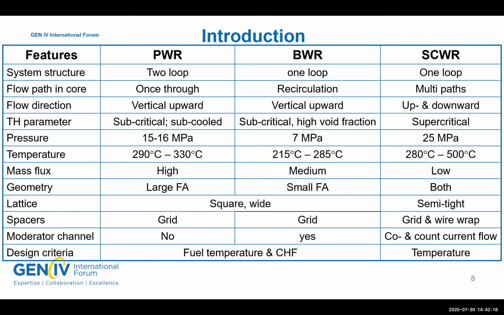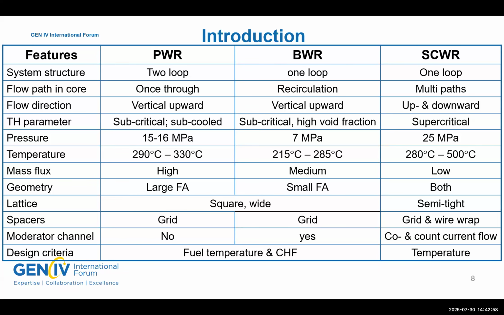And for the temperature, you will see that for both the PWR and the BWR it is below 330 degrees Celsius. But for the SCWR, the coolant outlet temperature can be over 500 degrees C. And also for the mass flux, you will see the PWR has a very high mass flux, and the BWR is medium, and the SCWR, because the coolant has very high enthalpy, can get a very low value of the mass flux.